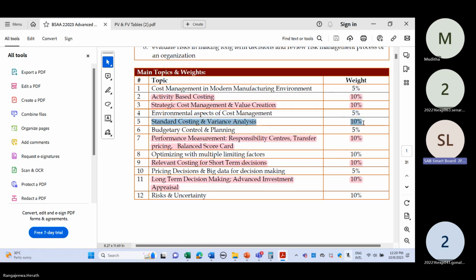Right, standard costing and variance. And I will give you the lunch time, right?